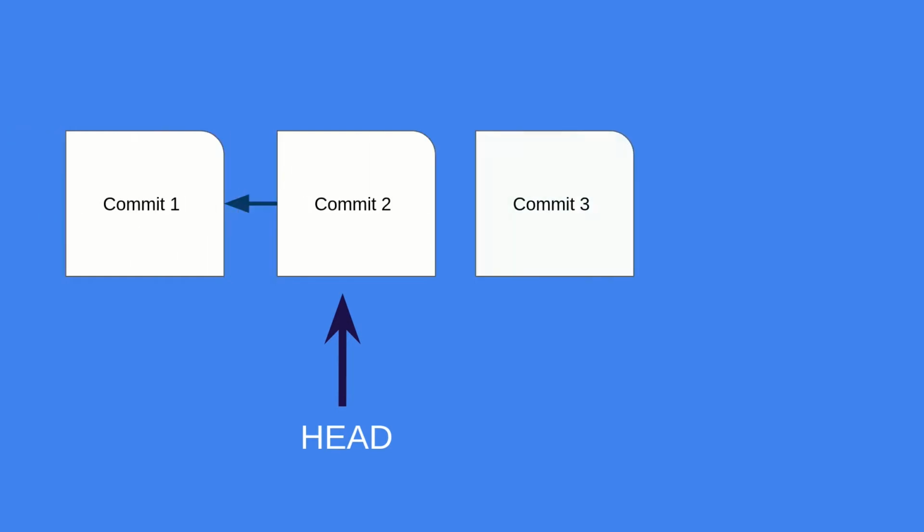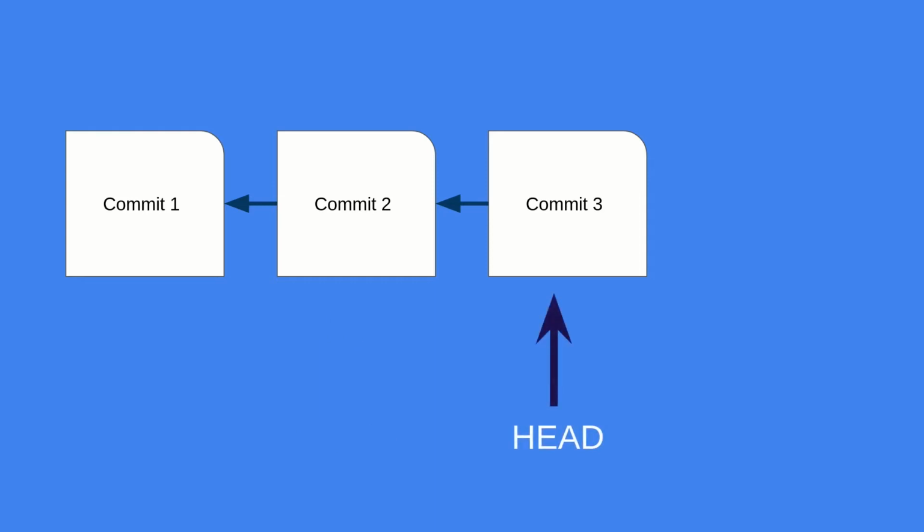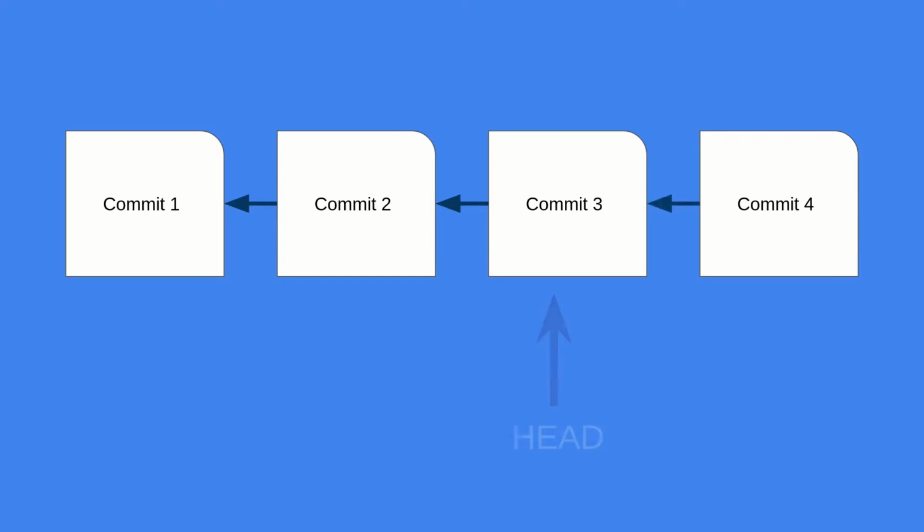For commit 3, there is a pointer that points to commit 2 again, and the head moves to commit 3. Similarly, commit 4 points to commit 3, but the head points to commit 4. So that's how there's a chain of multiple commits, and there's a head pointer which points to the latest commit. This is a branch, which is a chain of all the commits you have done so far.